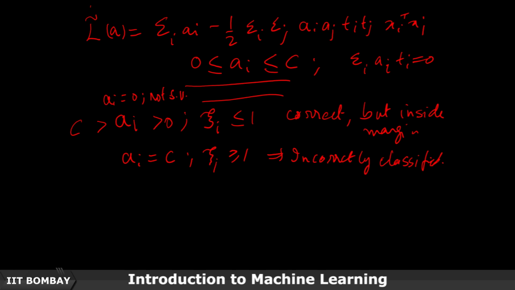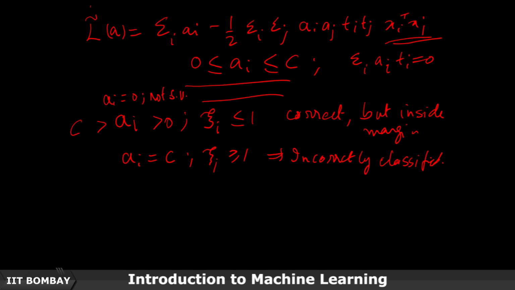And again we can replace x transpose x by k of x and x, two different x's, and we can further derive it to find out for any particular point x how we will compute what the y is in terms of ai and aj for all the training points.